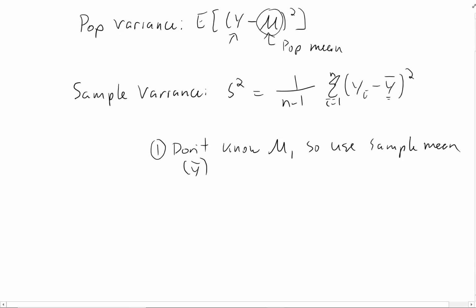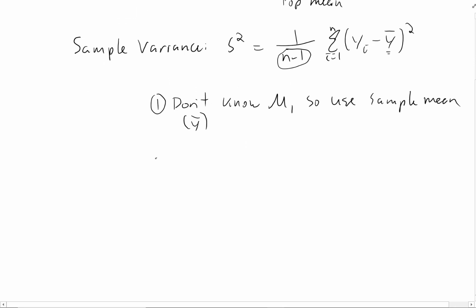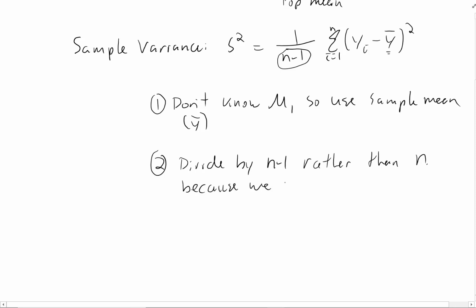And the second thing you're going to notice is that instead of dividing by 1 over n, if we had written out that population variance in a discrete format, we have n minus 1 in the denominator of the sample variance formula. So here we're going to divide by n minus 1 rather than n. This is because we're introducing a slight downward bias by using this sample mean.